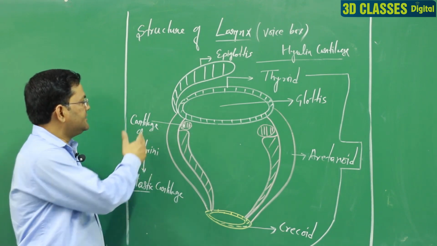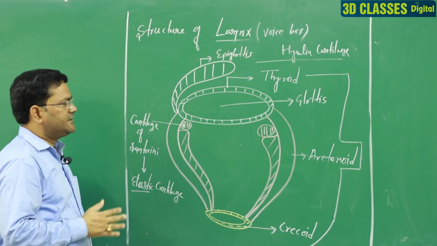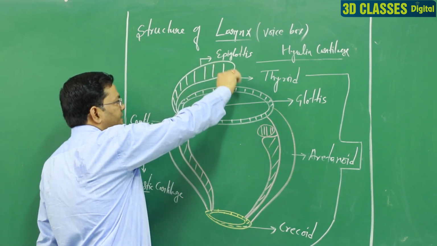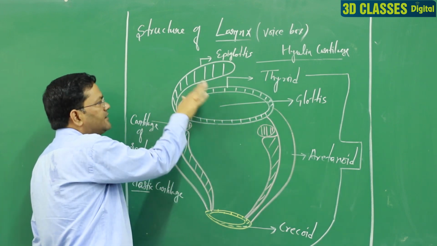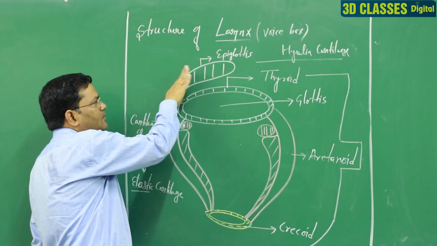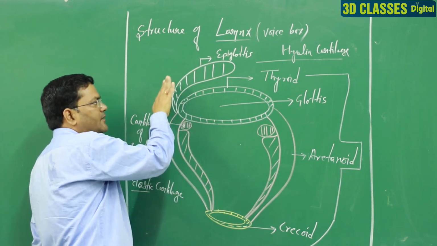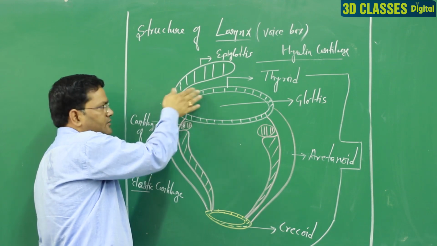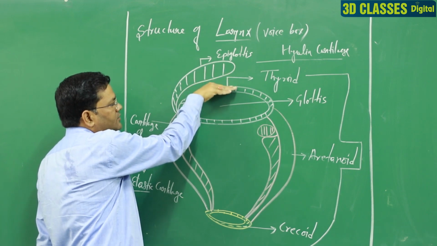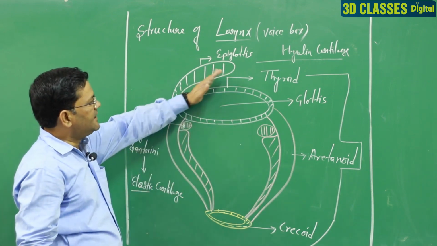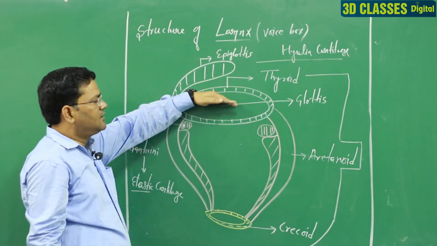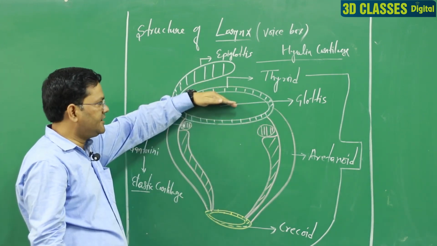Suppose this cartilage of Santorini is not present, then maybe this structure is very weak and food can enter inside this region. In general, when you inspire, it opens and air enters inside, and when you expire it also opens, but when you take food, then it blocks this region. That means this region has to block, and food passes from this region to the esophagus, not entering the larynx or trachea.